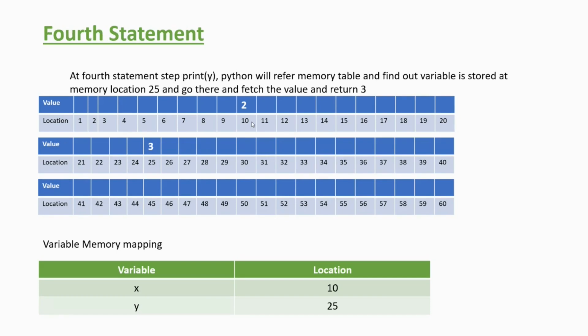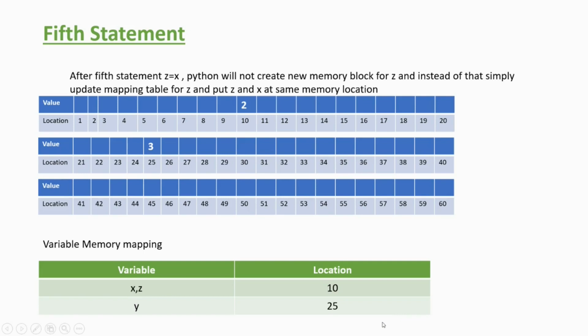When we run the fourth statement to print y, it will again refer to the table, find that y is stored at location 25, and fetch the value 3 from memory location 25.